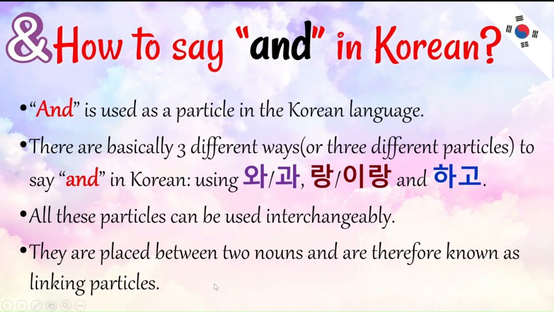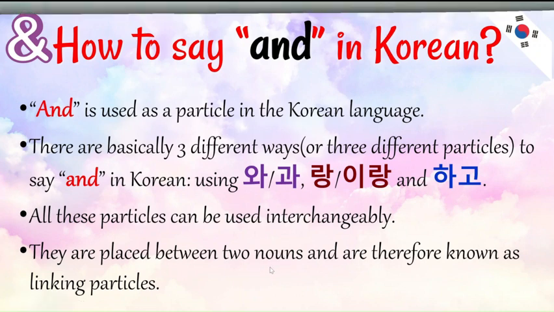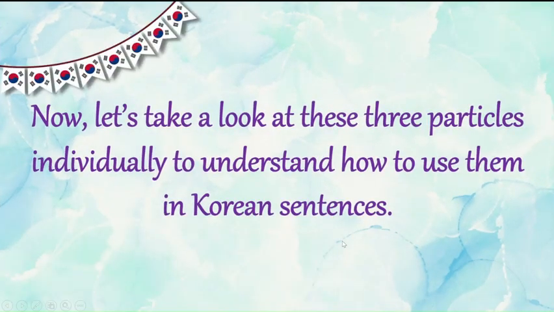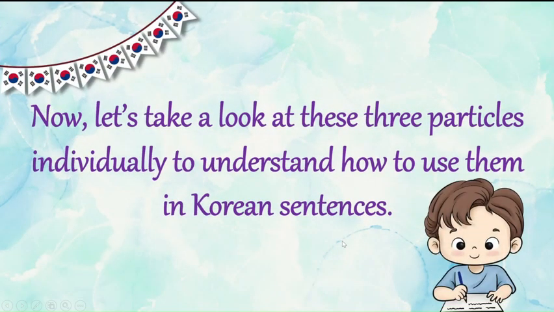Okay, you will often see them being referred to as linking particles in Korean, because of their role of linking two nouns in a sentence. Okay, now let's move ahead and take a look at these three particles individually to understand how to use them in Korean sentences. So we are going to talk about them one by one.